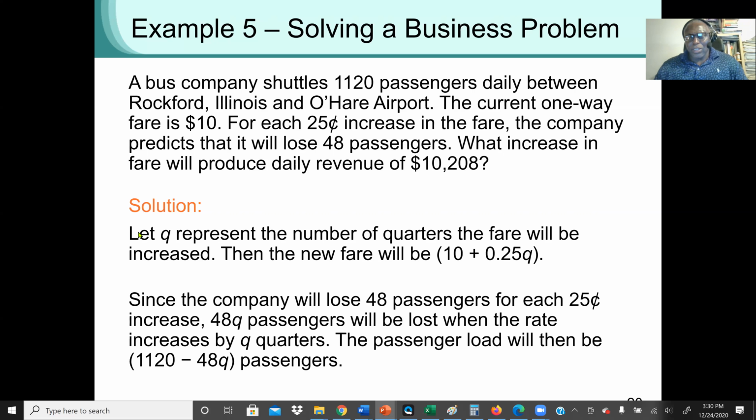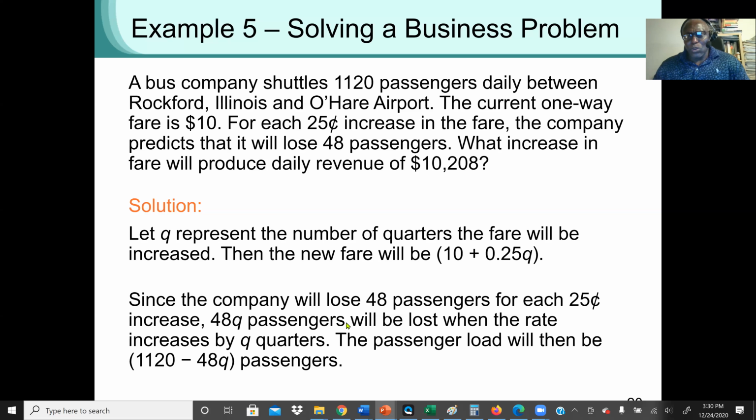So first, let's represent Q as the number of quarters the fare will be increased. Since for each 25-cent increase in the fare, the company predicts that it will lose 48 passengers, the new fare will be 10 plus 0.25Q, because the current one-way fare is $10.